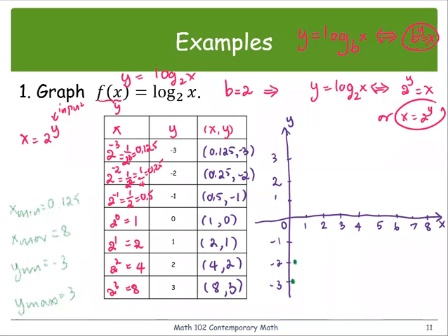And next, x is 0.5, y is negative 1. x is 1, y is 0. x is 2, y is 1. x is 4, y is 2. x is 8, y is 3.